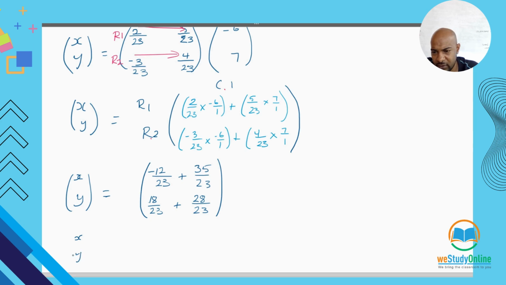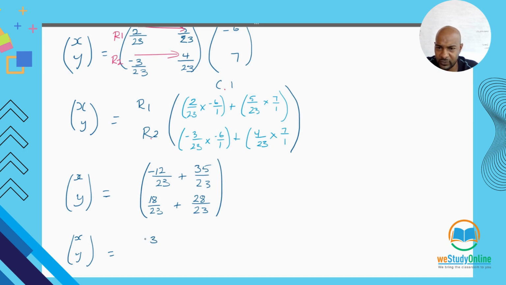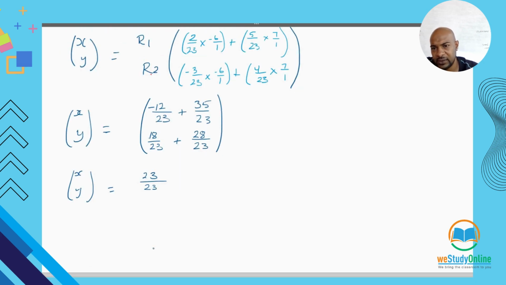Add those two together, what are we going to get? This should give, negative 12 plus 35 is 23 over 23, and then underneath 18 and 28 is 46 over 23, and we could reduce these quite easily.